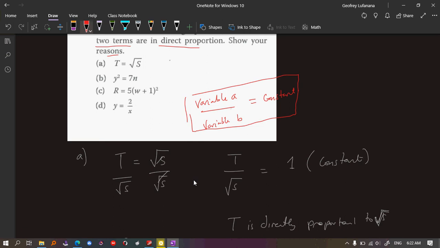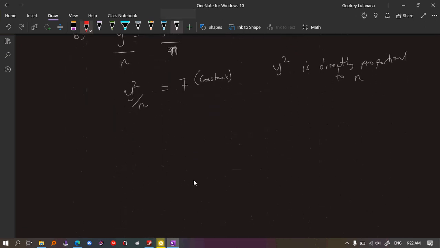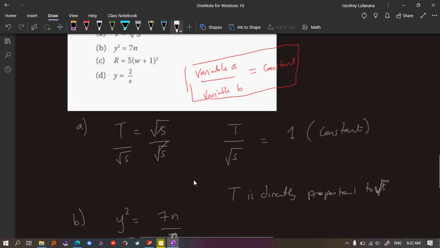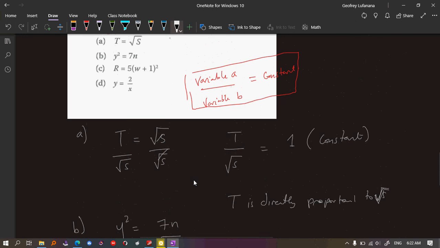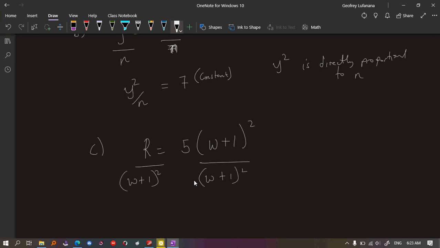Let me try out part C and part D also. Part C is r equals 5 into w plus 1 squared. So I have r equals 5 times w plus 1 squared. I'll divide by w plus 1 squared because it has the variable plus 1 squared.